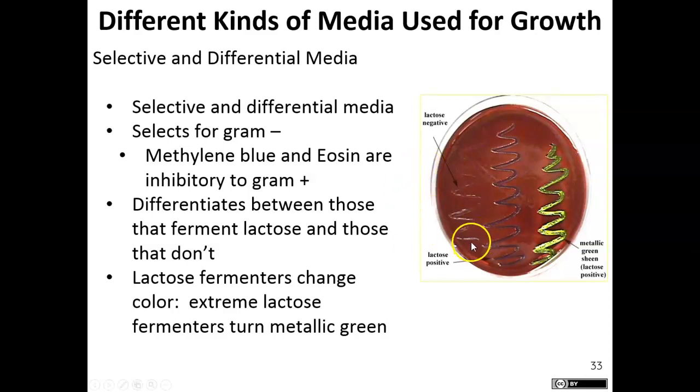And so here we have a lactose-negative gram-negative bacteria. Here we have a lactose-positive gram-negative bacteria, turned purple. And then if you get this bright green metallic color, that is indicative of an extreme lactose fermenter.